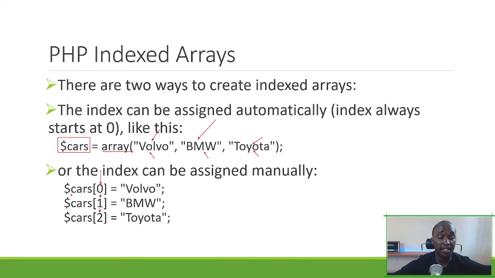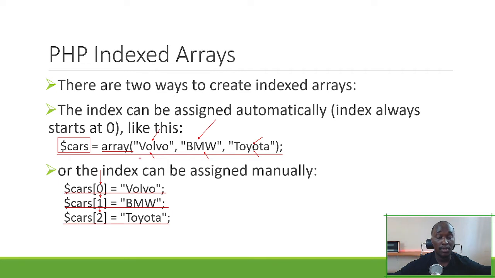This is one of the ways in which you can declare an indexed array, or you can use this way, one by one, like this. So cars 0 is equals to Volvo, cars 1 is equals to BMW, cars 2 is equals to Toyota.